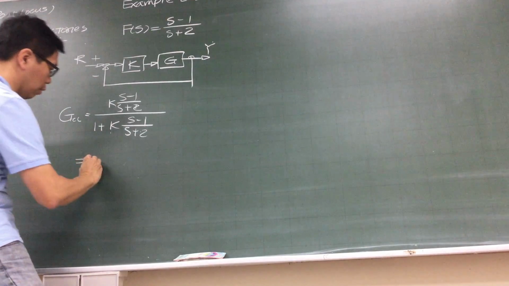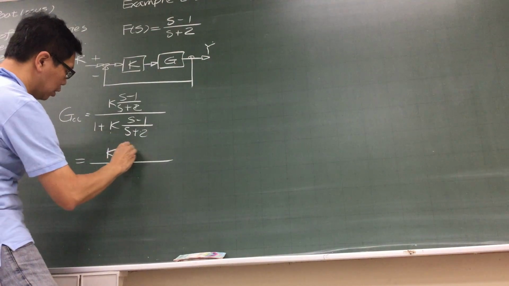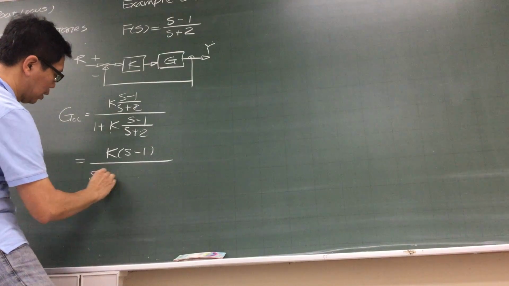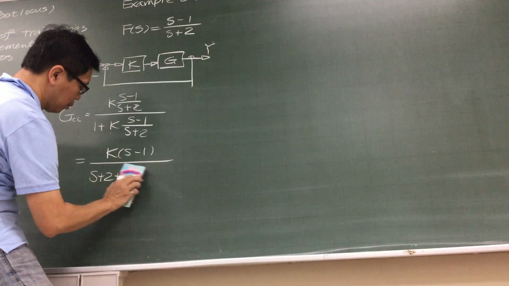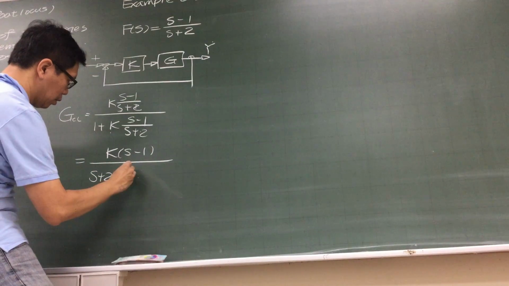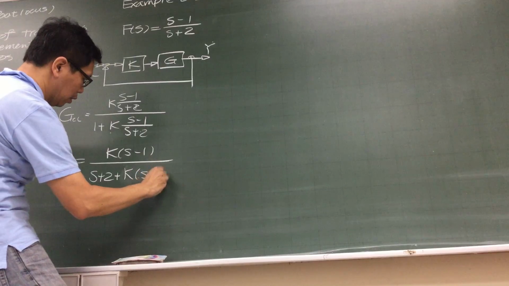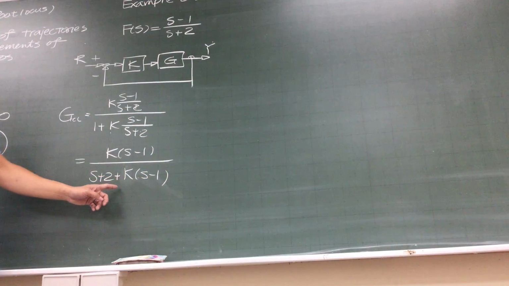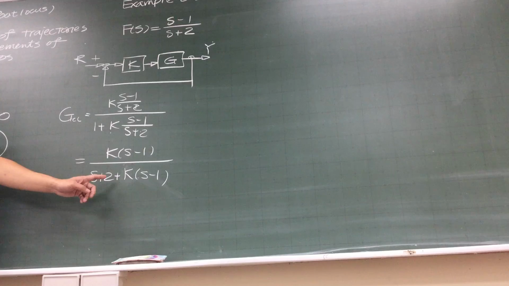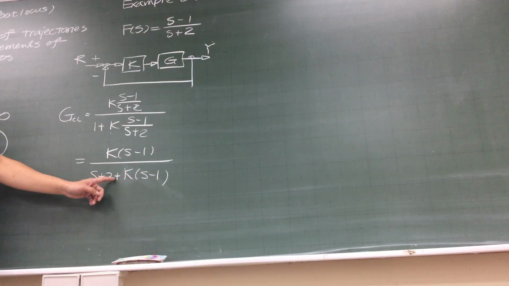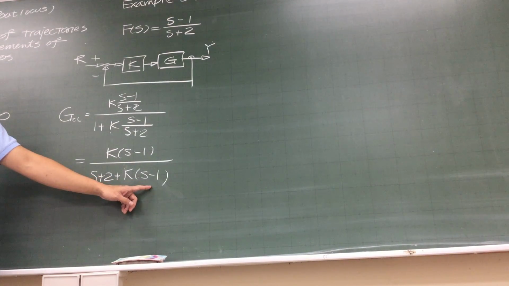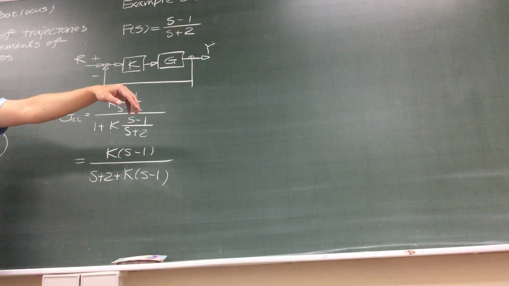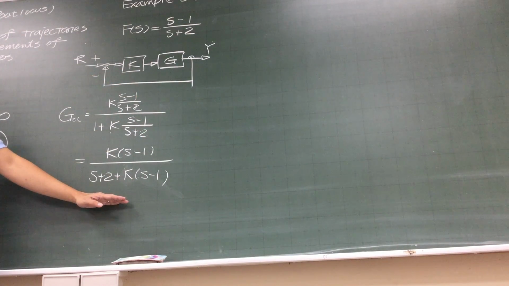So if we combine both sides together, is it possible to stabilize everything? It's possible, right? As long as we are not going to have the closed loop pole go to the right hand side, this system is going to be stable, right?